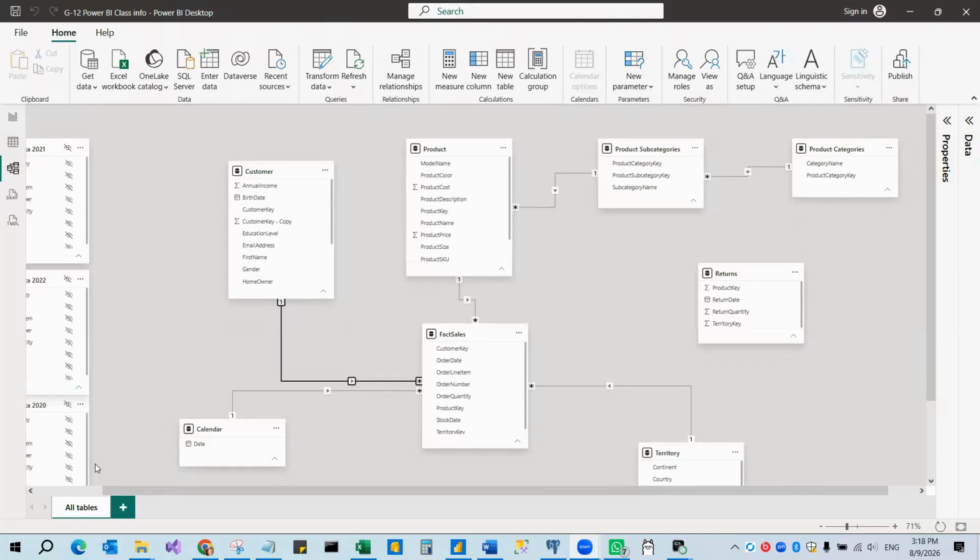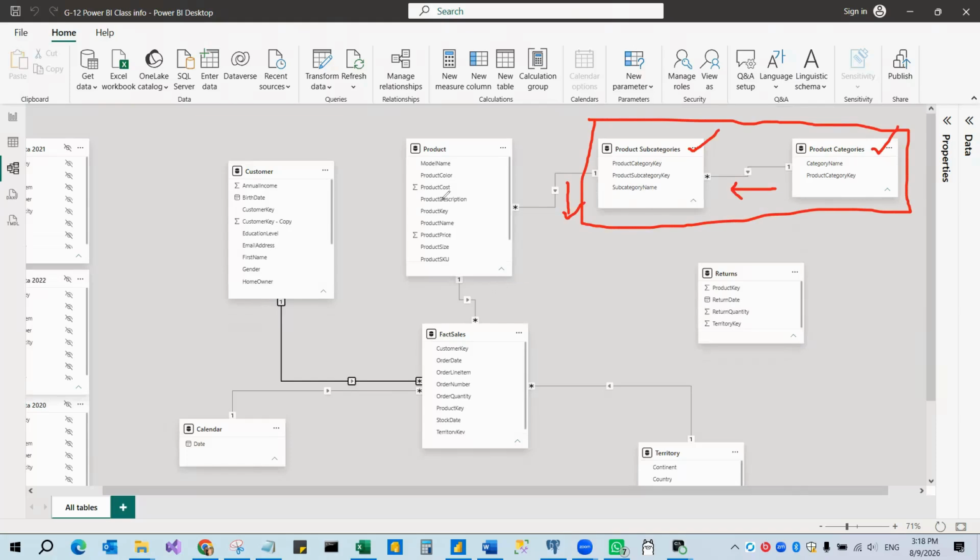if I just show these two parts over here, just think about it. This one is a product category and this one is a product subcategory. So data is flowing this way and then flowing this way.